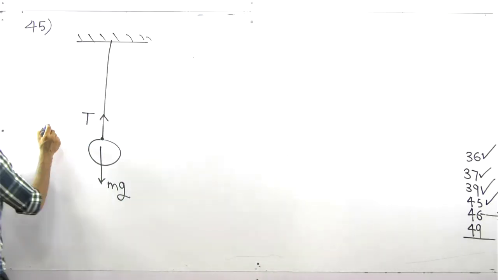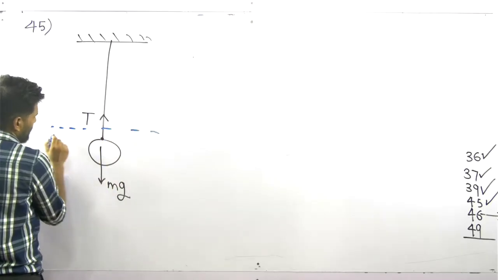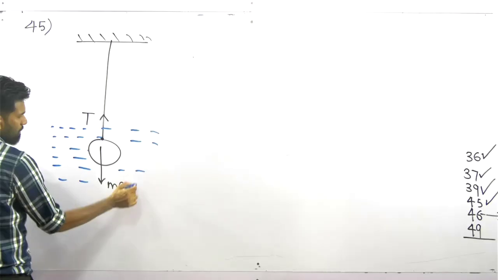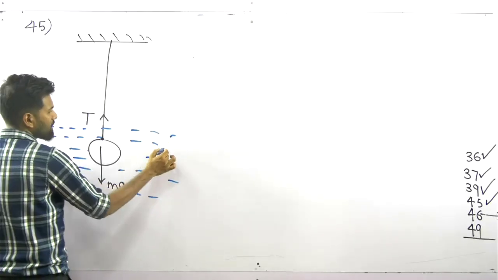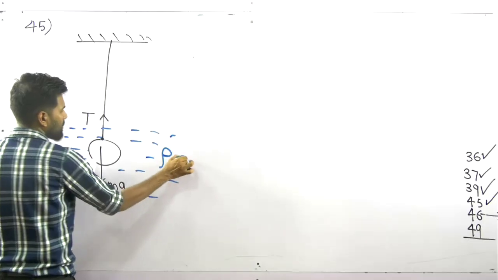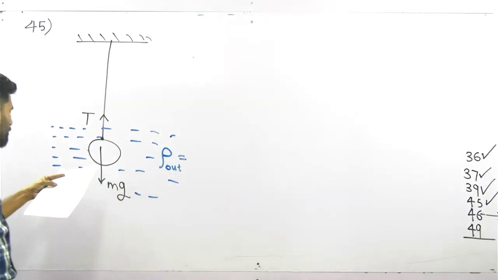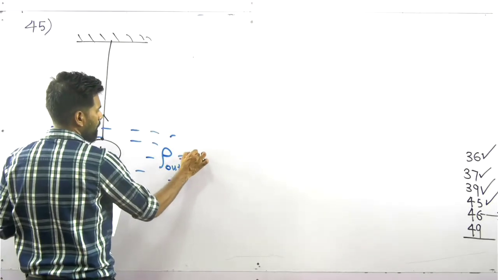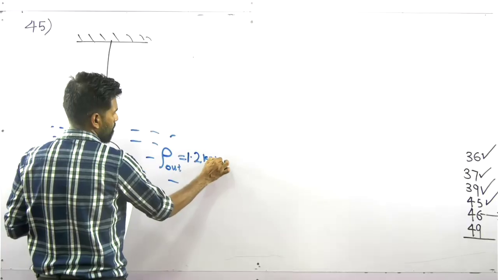But here, not like in normal questions, there's a special point. They have given the density of outside air: the outside air density is equal to 1.2 kg per meter cube.